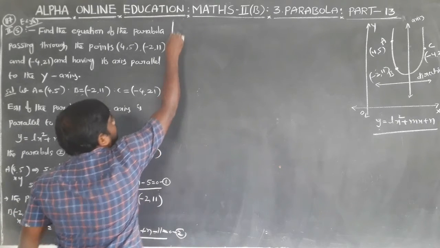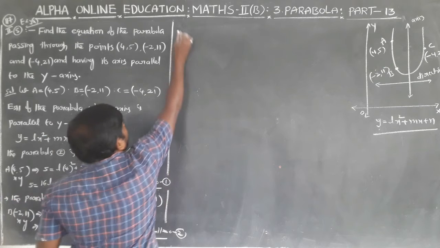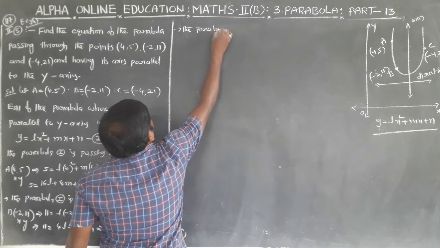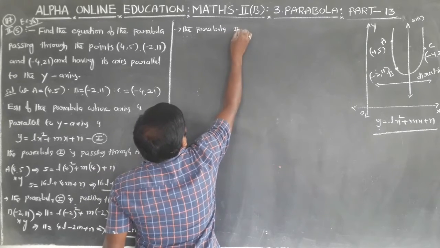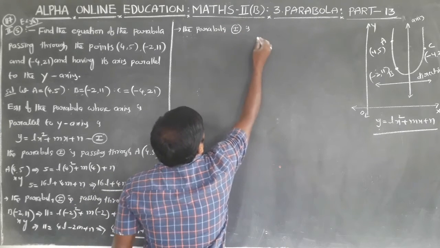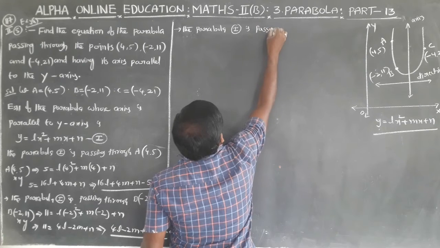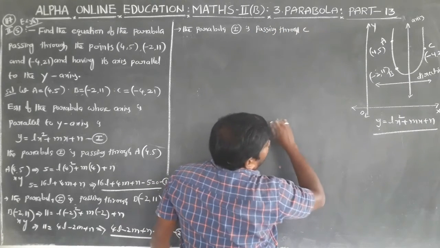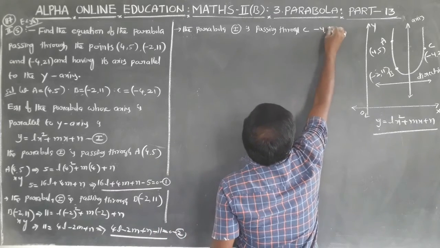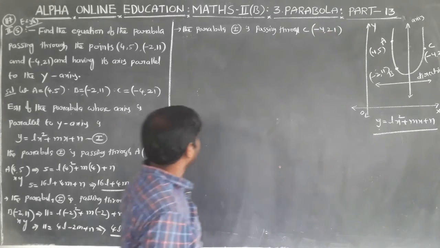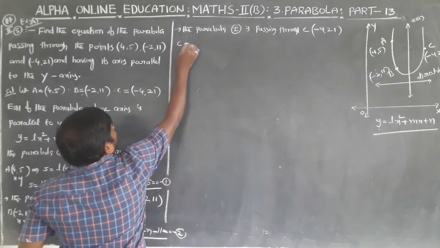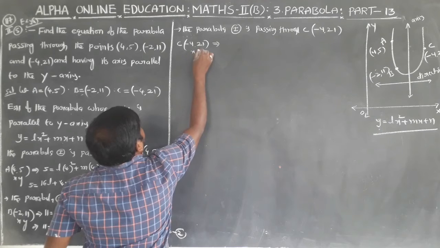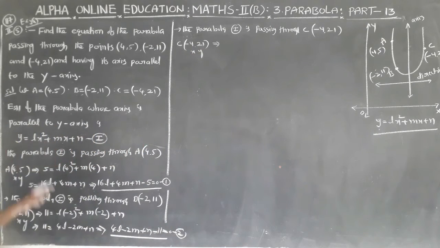Again, the parabola 1 is passing through the C point (-4, 21). C (-4, 21) is a point that lies on the parabola 1.